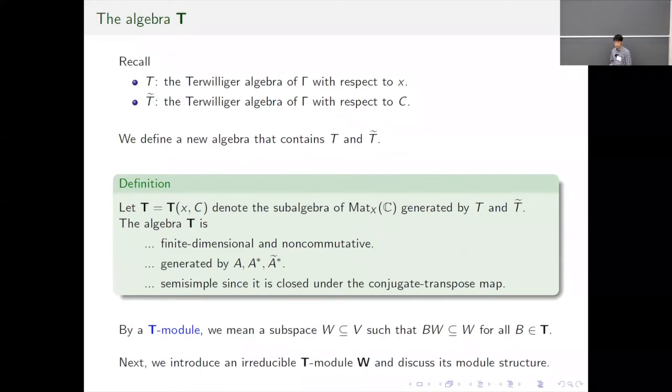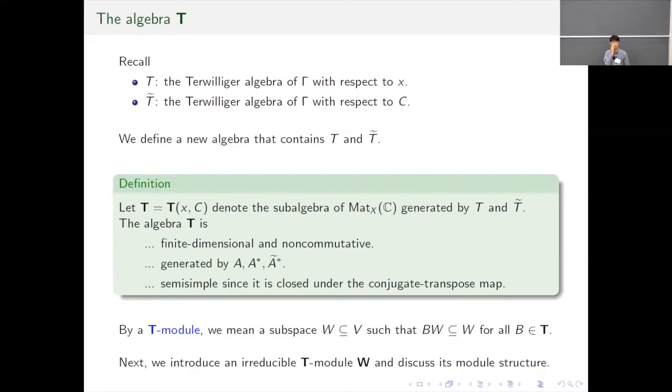All right, next time, I think this is enough to review all the Terwilliger algebra theory. Likewise, with the ordinary Terwilliger algebra, we will introduce the irreducible T module W, the so-called primary bold T module, and we will discuss its module structure in detail. It's a natural starting point. Thank you.